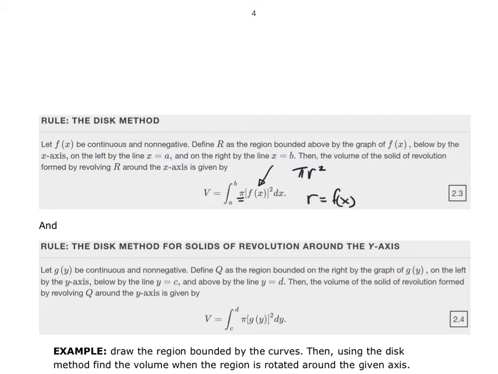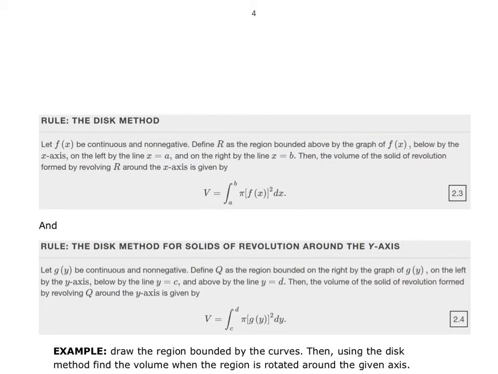So when you're finding the volume rotated around the x-axis, it is simply pi multiplied by your function squared, integrating from a to b.